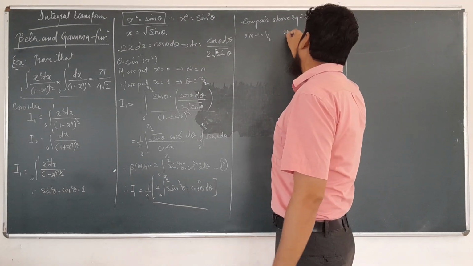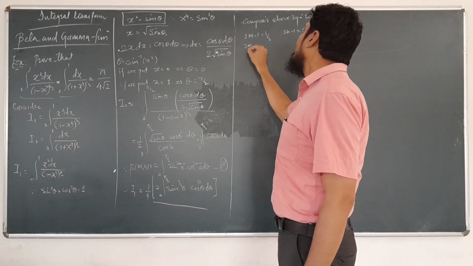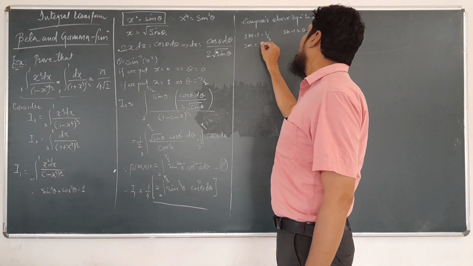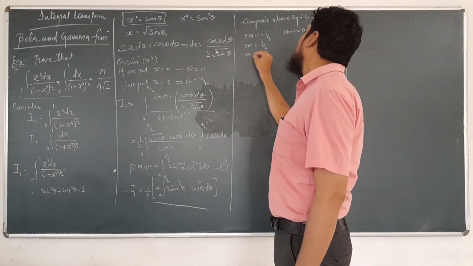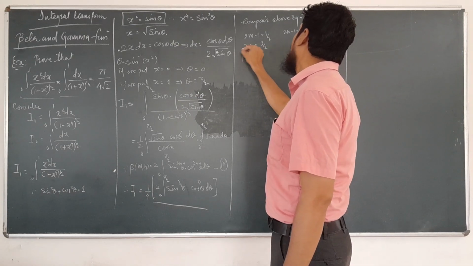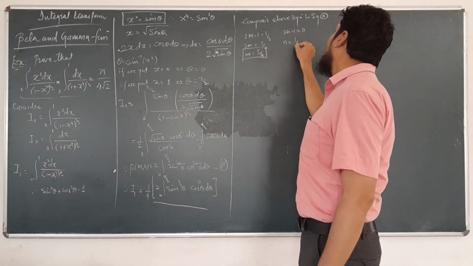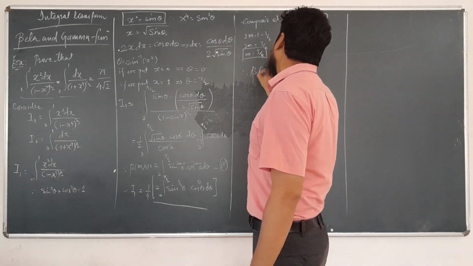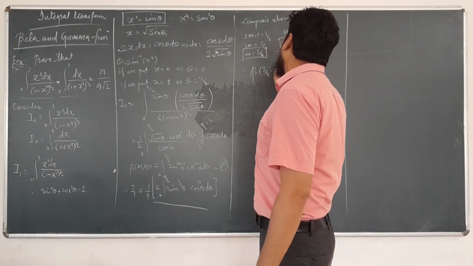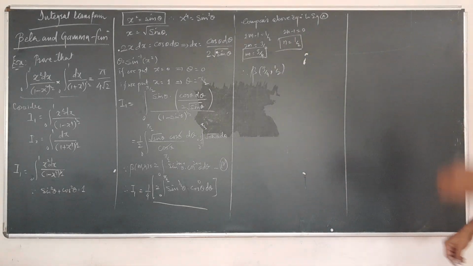And 2n minus 1 is equal to 0. So here we will get m is equal to 3 by 4, and here we will get n is equal to 1 by 2, correct? Now beta becomes beta of 3 by 4 comma 1 by 2. Correct?